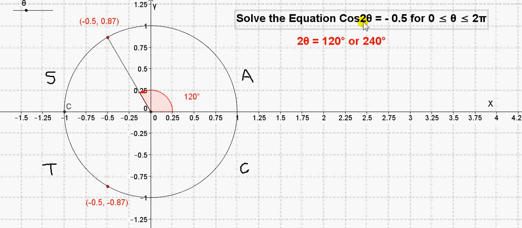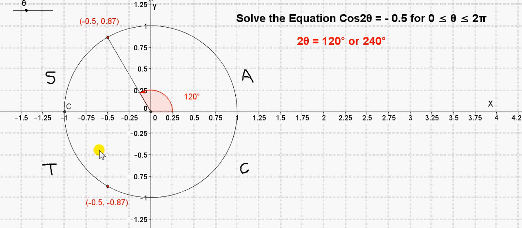So when you're doing this question, you need to look for the quadrants that give a negative value for the cos function. And those quadrants are the S and T quadrants. In the S quadrant, only the sine function is positive, so the cos is negative. And in the T quadrant, only the tan function is positive, so the cos function is negative here.